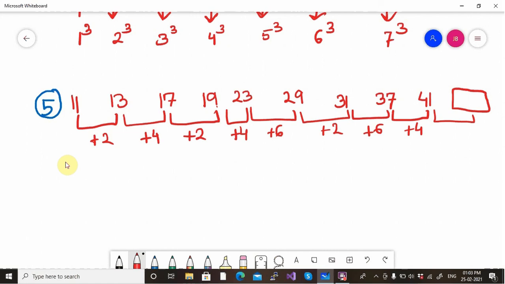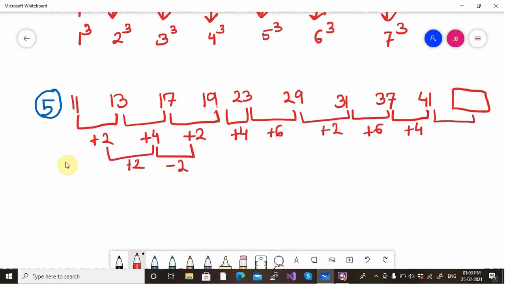So from this we can say what the accurate order is. Plus 2, plus 4, plus 2, plus 4, but suddenly it is plus 6, then plus 2. So let's do the next step. From 2 to 4, the difference is plus 2. From 4 to 2, the difference is minus 2.